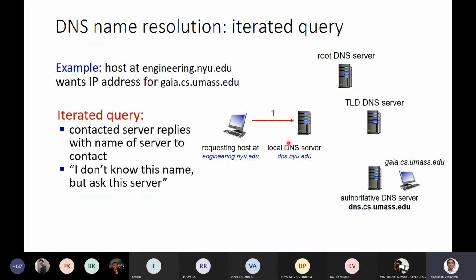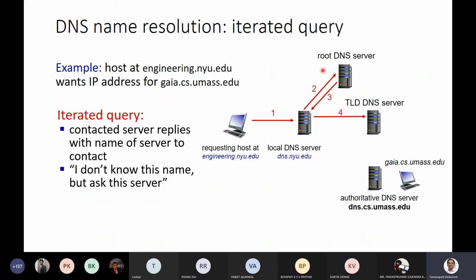It contacts the local DNS server for this purpose, and the local DNS server then gets in touch with the root DNS server. The root DNS server would only point the local DNS server to the top level DNS server which is responsible for the .edu sites. All sites under .edu are held by the .edu TLD DNS server, and the root DNS server is basically pointing you to go to the TLD DNS server.